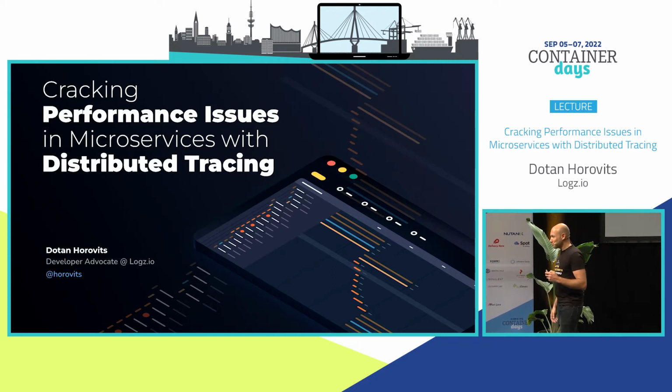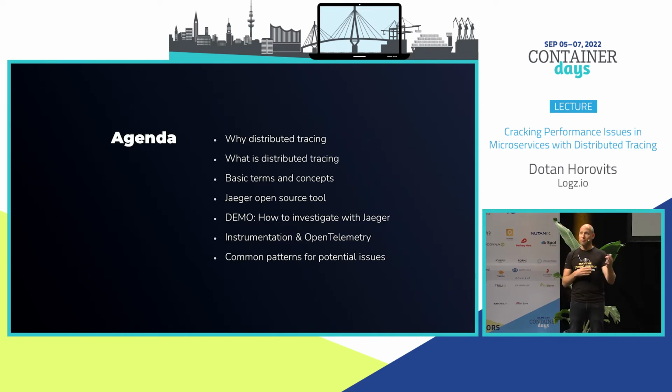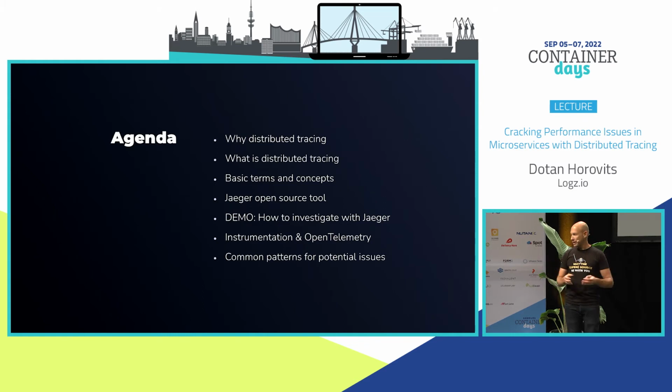Cool. So the agenda for this talk is quite packed. I'm going to cover why you even need distributed tracing, what distributed tracing is about. I'll give some basic terms and concepts around it. And then I'll show you Jaeger, an open source project by the CNCF, the Cloud Native Computing Foundation.